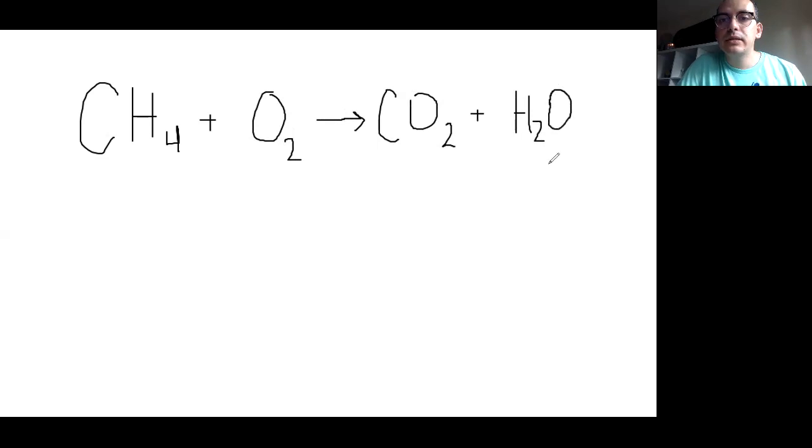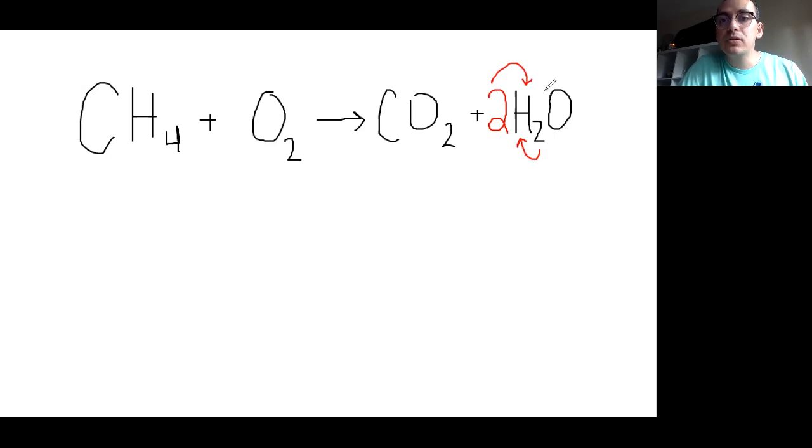So right now I'm just going to answer some potential questions that you might have in your head. So when we put the 2 right here, we did this in order to have 4 hydrogens. So we've got 2 hydrogens. We wanted 4 hydrogens.